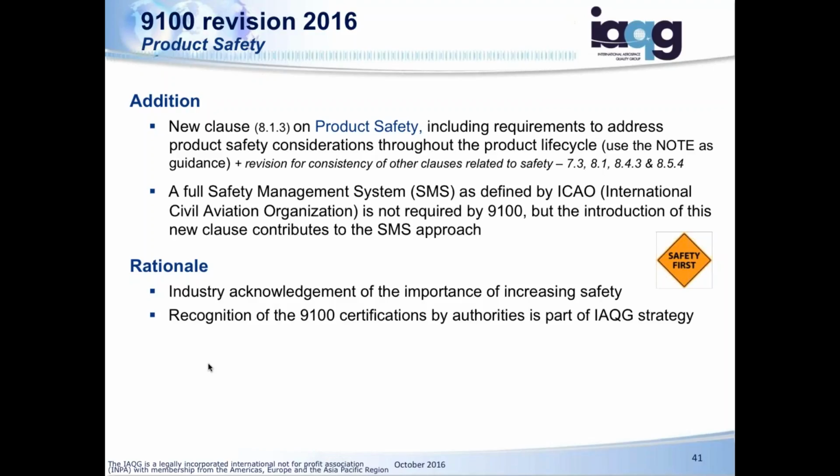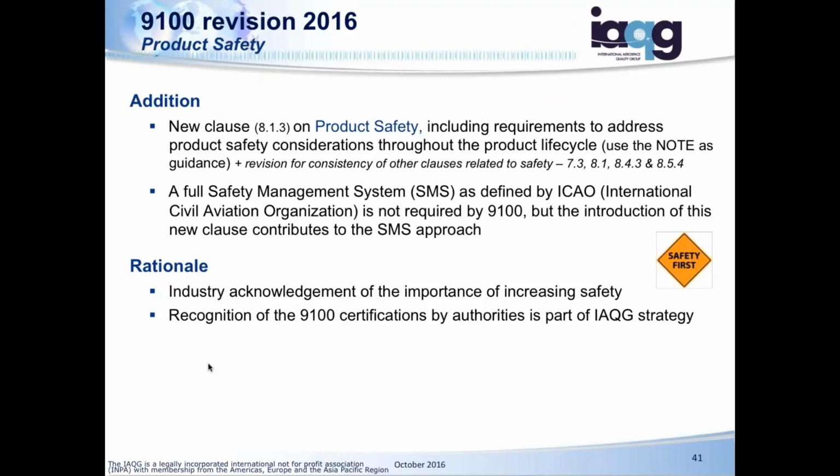So one of the things we made sure of in the 2016 version of 9100 is that when we're talking about product safety, we say product safety. When we're talking about EHS type personnel safety, we refer to it that way. So hopefully you'll find it more clear.